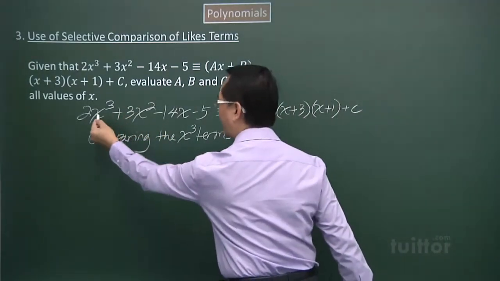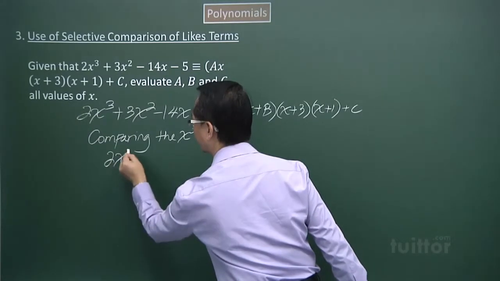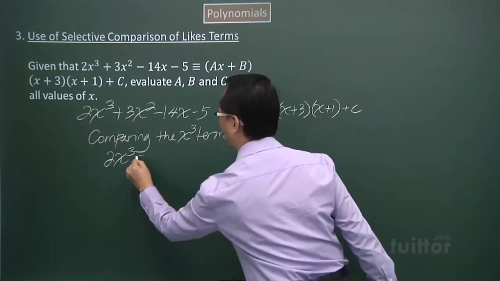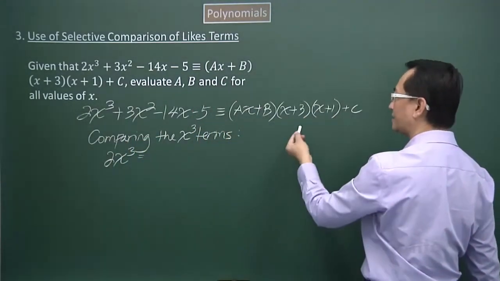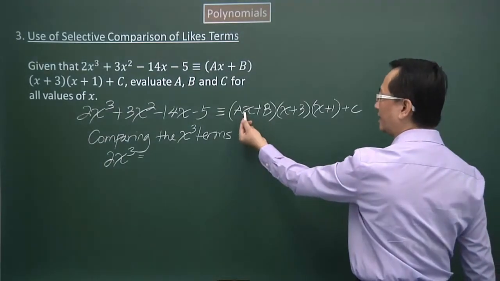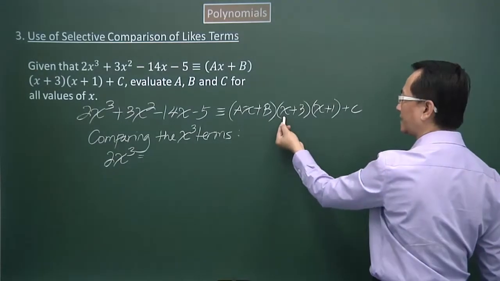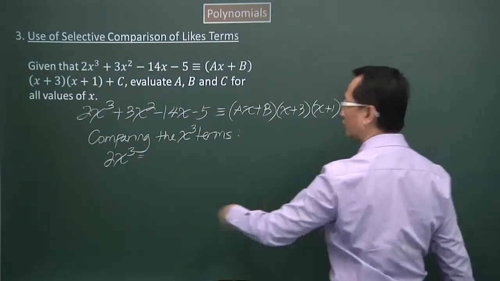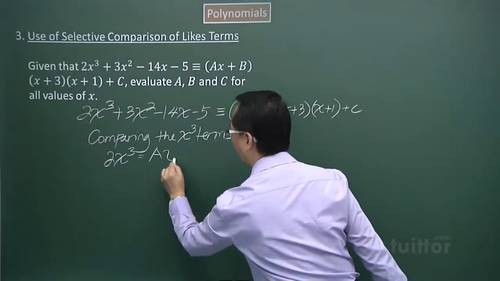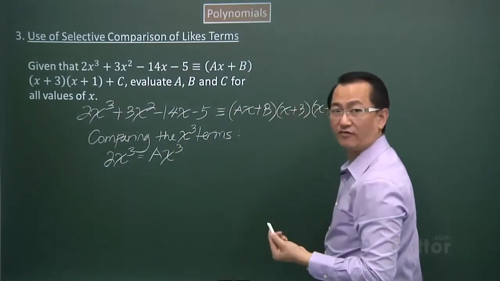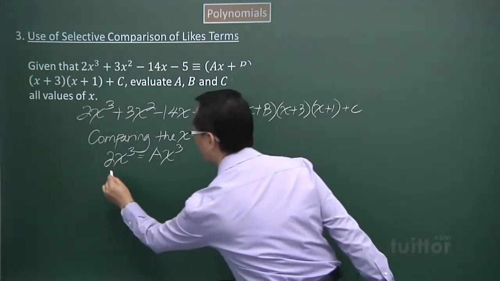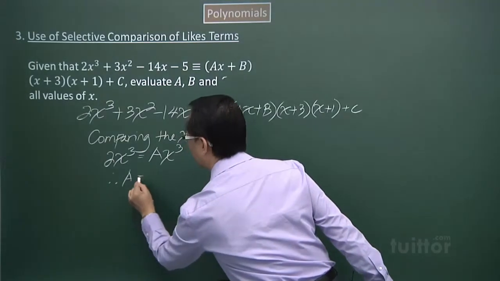So on the left-hand side, I have 2x cubed. And on the right-hand side, to get the x cubed terms, I'll have ax times x times x. So I have got ax cubed. Therefore, the a value would be 2.